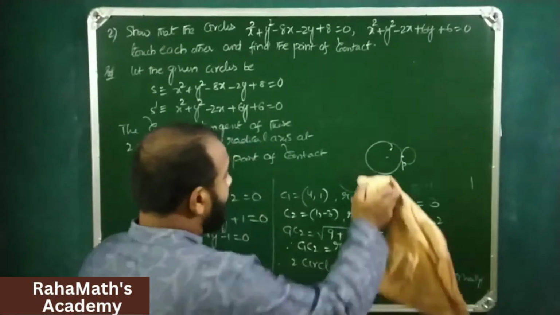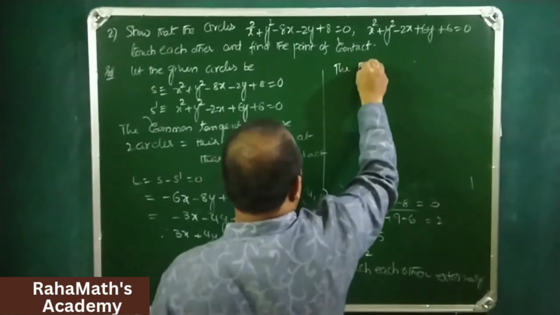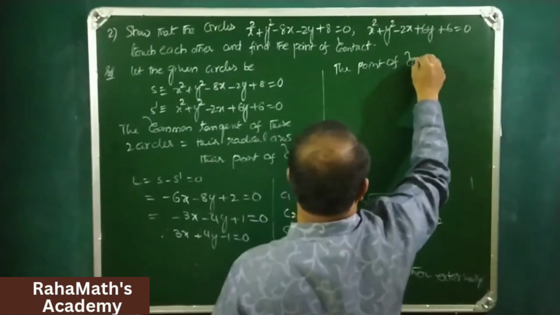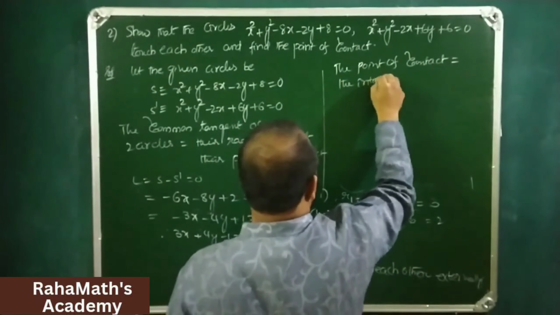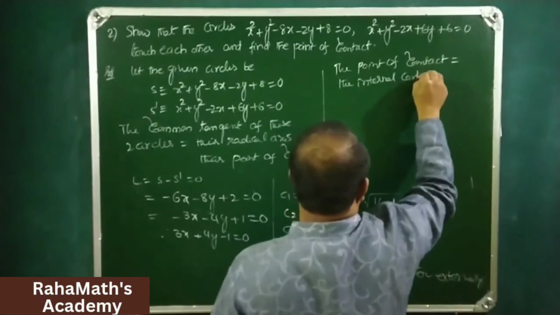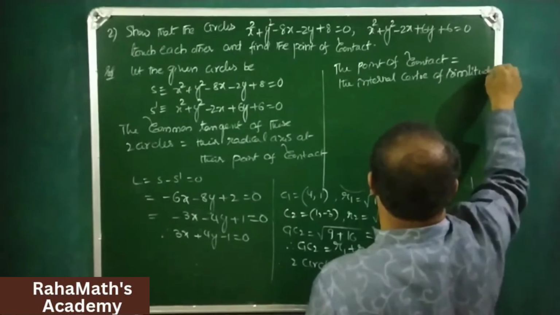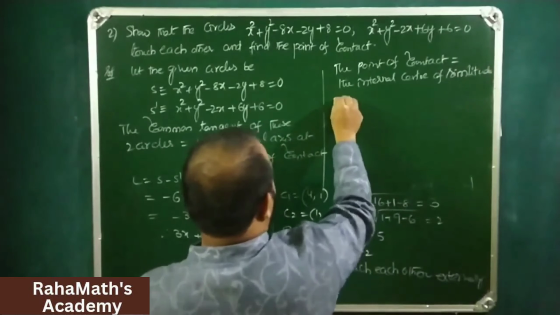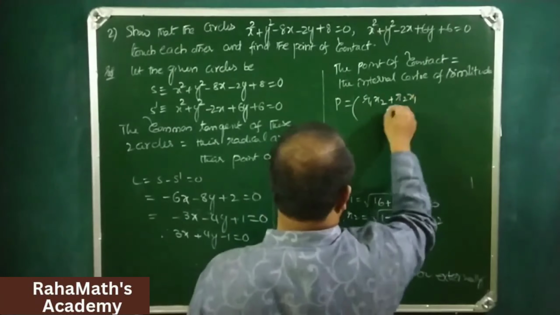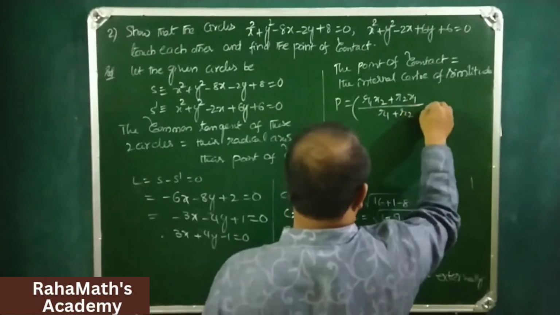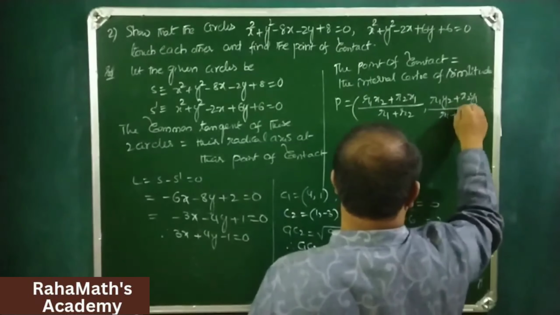So the point of contact P is (R1x2 plus R2x1) by (R1 plus R2), (R1y2 plus R2y1) by (R1 plus R2).